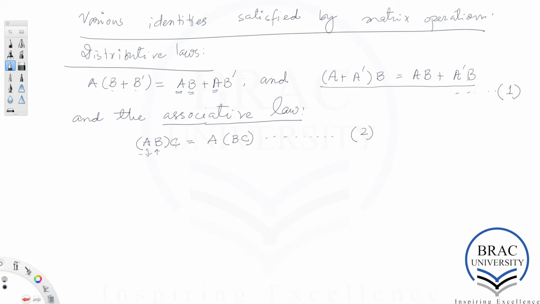Now we give an example of the associative law. For example, we have three matrices A, B, and C. See that the product is written as ABC because they are both the same.